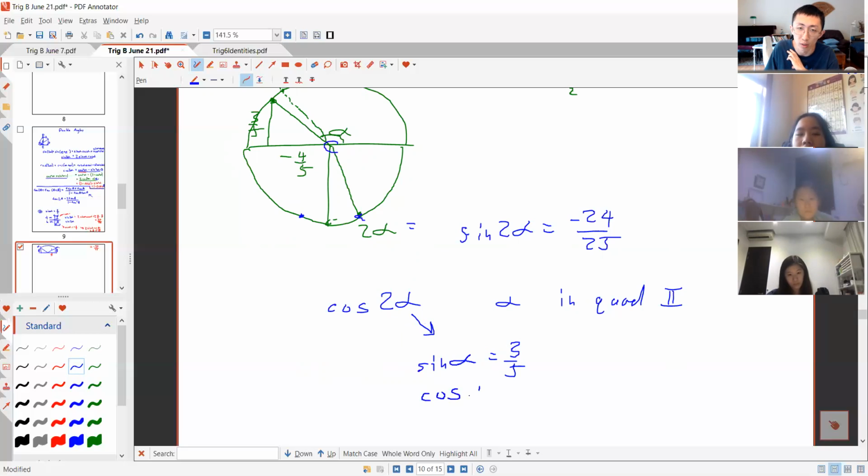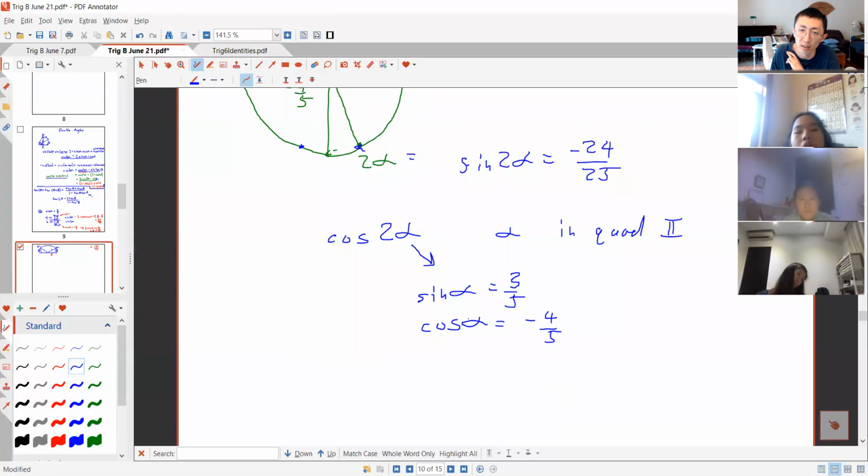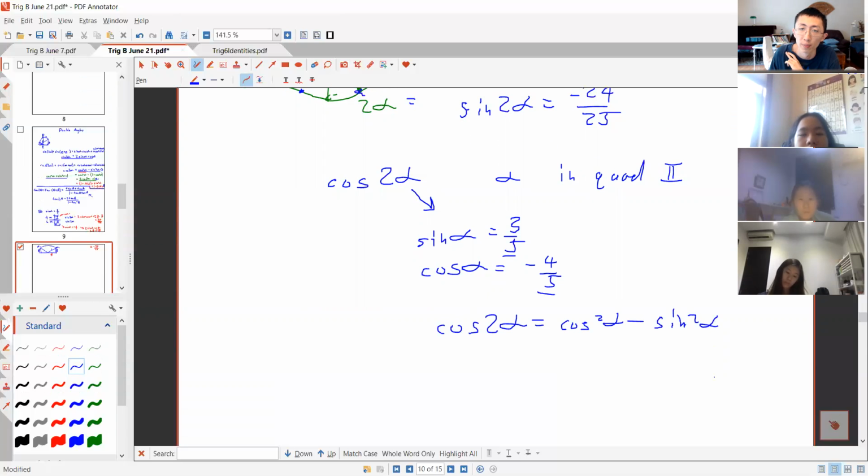Cosine in the second quadrant is -4/5. And these satisfy this squared plus this squared is 1. So if I use the cosine double angle formula, cosine 2 alpha is cosine squared alpha minus sine squared alpha. So that's (-4/5) squared minus (3/5) squared.